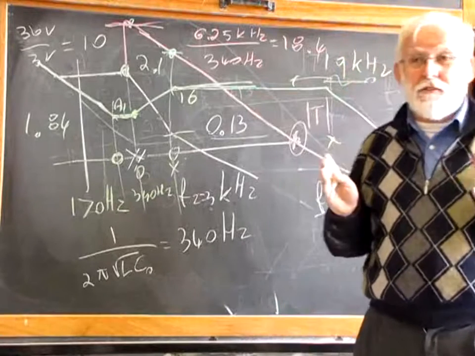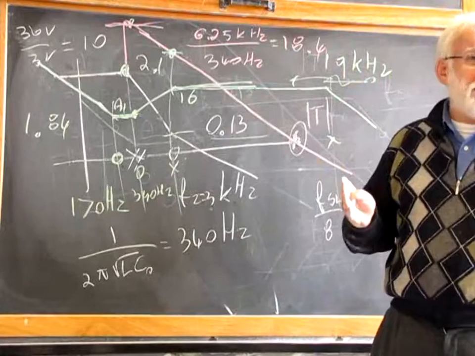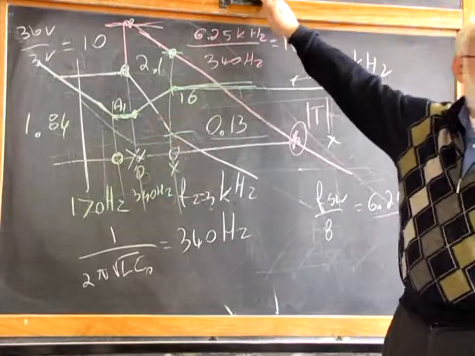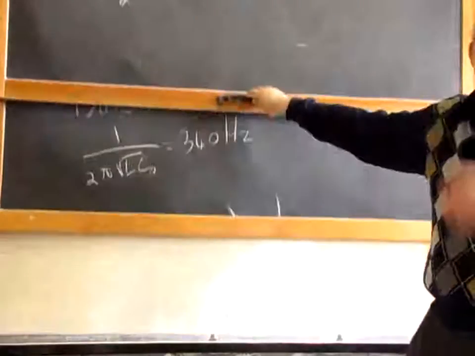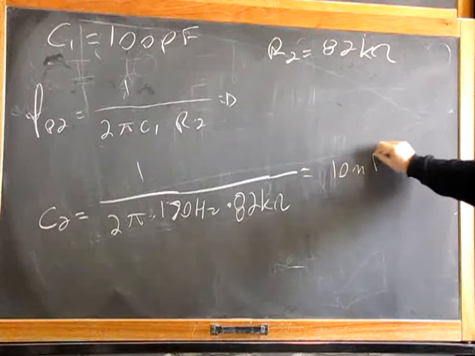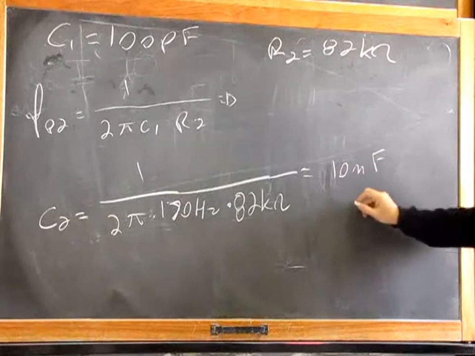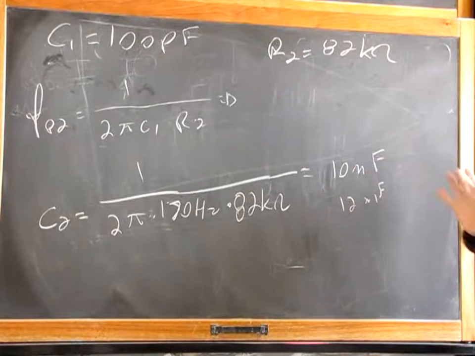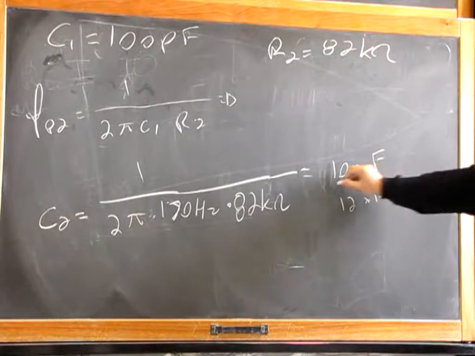And so the ratio of capacitances will be 100 times. 100 picofarads times 100 is 10 nanofarads, a little bit more, 11 nanofarads. So C2 you can take 10 nanofarads or 12 nanofarads. If you take 12 nanofarads, your zero moves a little bit lower. It's not tricky. You can take whichever you want. 10 nanofarads is fine.